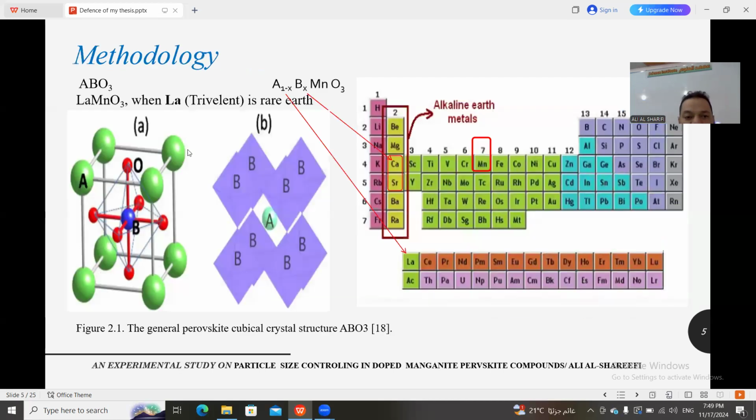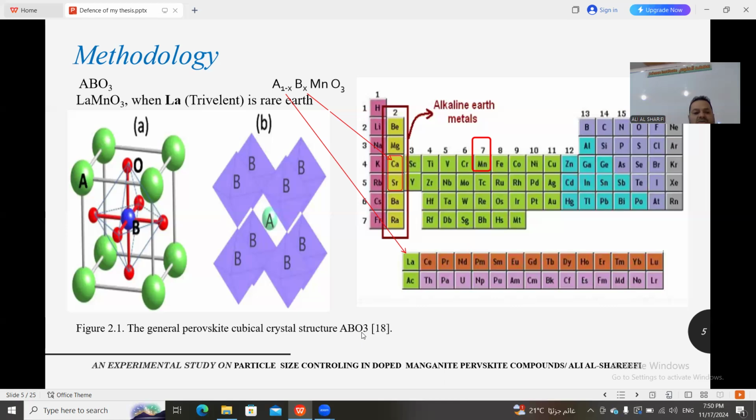Now let's take a look at undoped perovskite oxide. The general perovskite is a cubic crystal structure, ABO3. A in my topic was lanthanum, B is the transition element, here manganese, and I said why we selected it, and 3 atoms of oxygen. After doping, the crystal structure will be distorted. We will see another crystal structure.